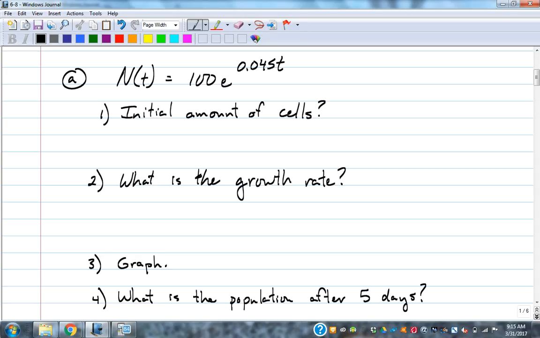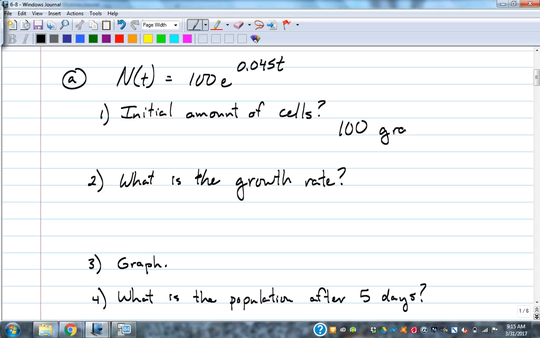If you plug a 0 into that, e to the 0 power is 1, and 1 times 100 is 100. So it's really finding the t of 0. But 100 is correct. That number right there should be your initial amount.